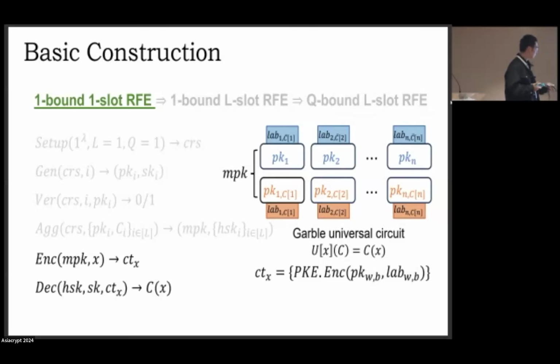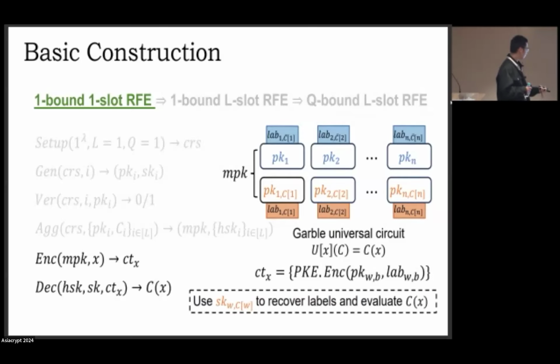We use PKE's encryption to encrypt each label to form the final ciphertext. For decryption, the user can just use secret keys to recover the corresponding labels and then evaluate the function value. So this RFE construction is simple and practical enough, and generic enough.